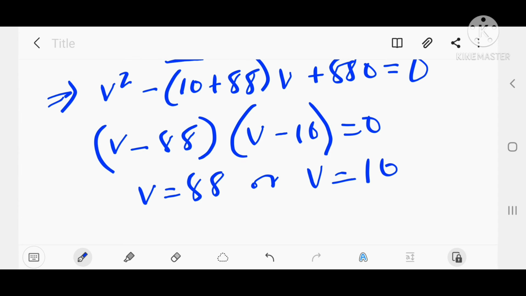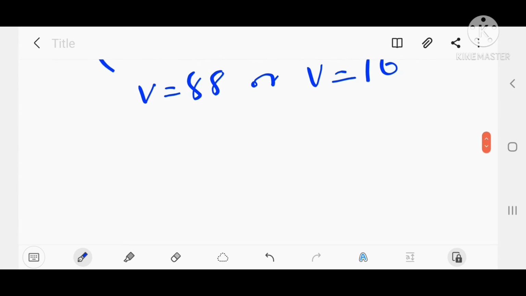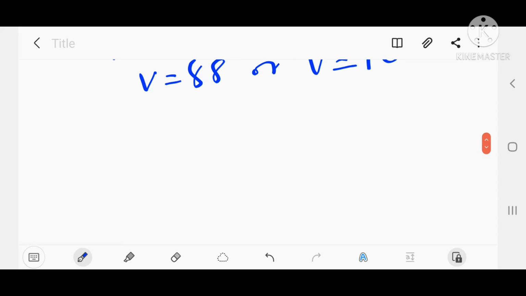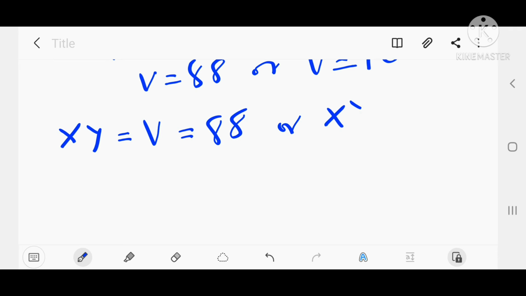All right, if v equals 88 or v equals 10, and remember that xy is v, that means xy equals 88 or xy equals 10. We can make one of them the subject, so I'm making x the subject.